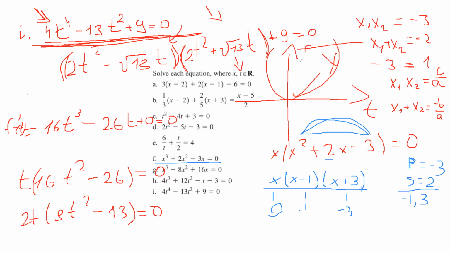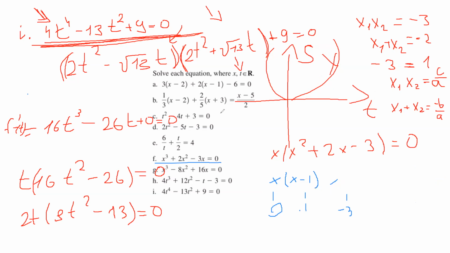And here we could have s, distance, or y, or f of t. It's just different ways to name it. And we have, let's say, a function of distance. Then when the derivative equals 0, we know that the slope equals 0.